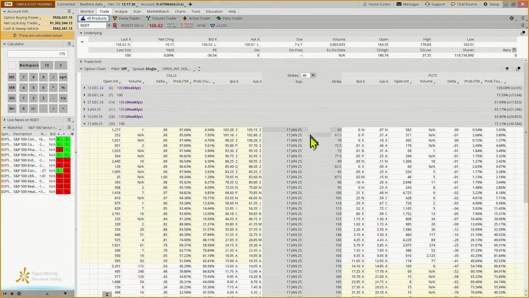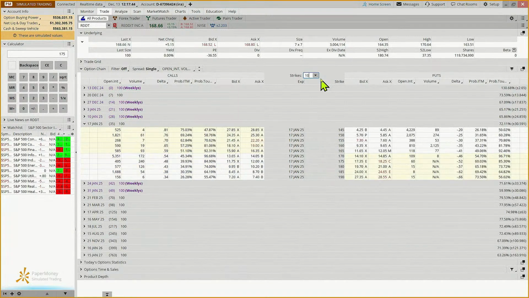If we look at this 180, let's come back to 10 here. We have 577 contracts, so we've got lots of volume here. We've got a bid-ask spread that's about $1 apart. So that's kind of at the top end of our 10% range, but this is a volatile stock.